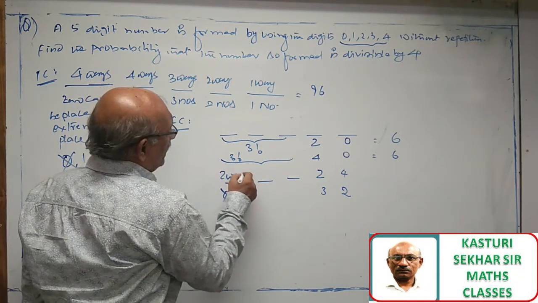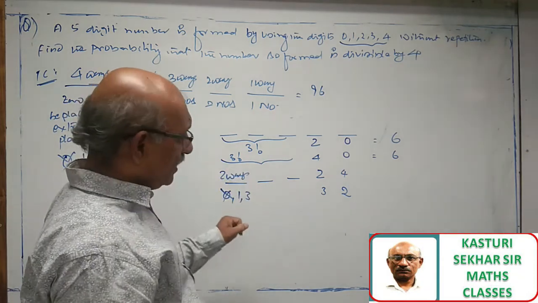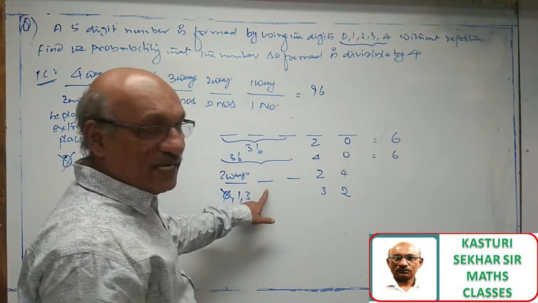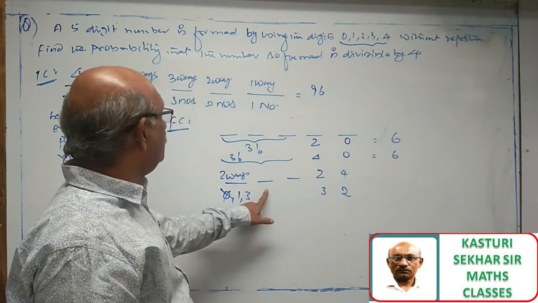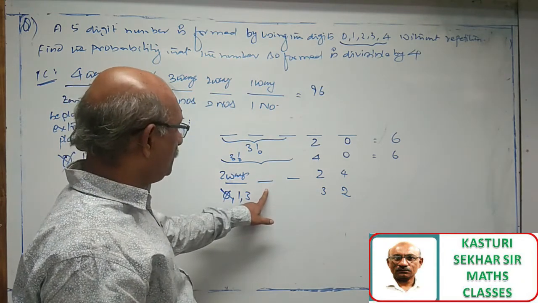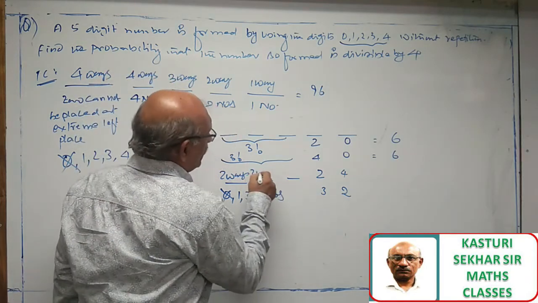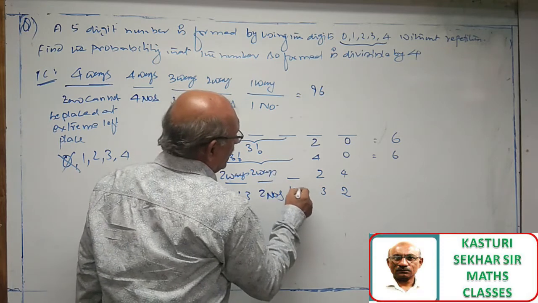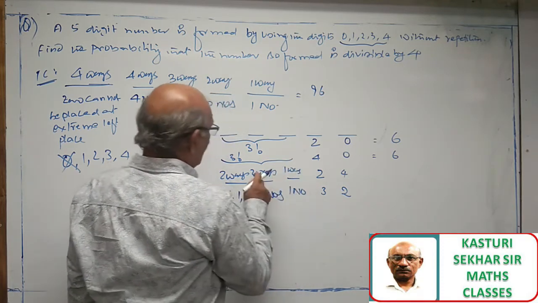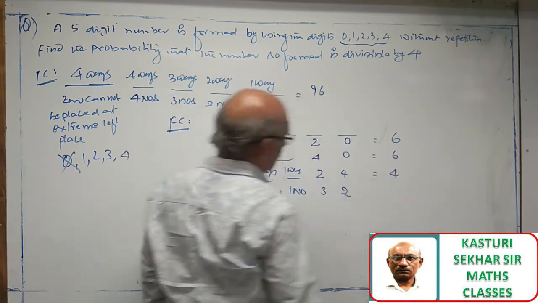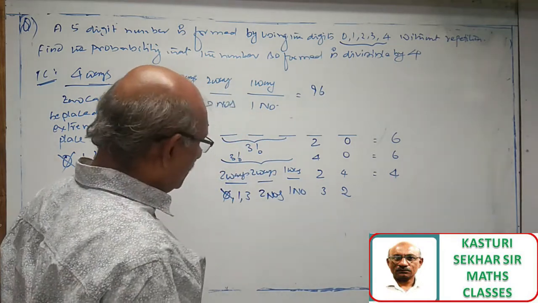This place can be filled in 2 ways. Leaving 1 number here, I can take 1 number here. So 2 numbers available for this. This can be filled in 2 ways. 1 number available here, 1 way. 2 2s are 4.